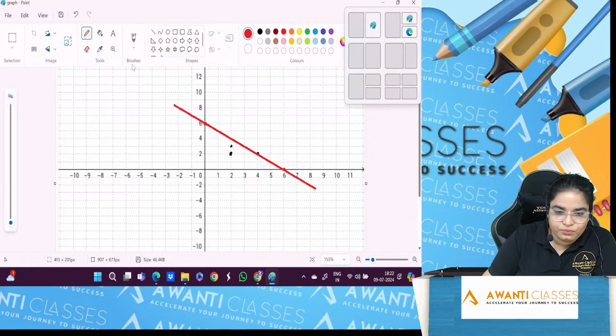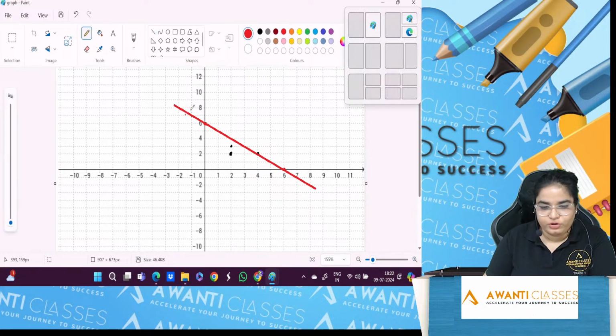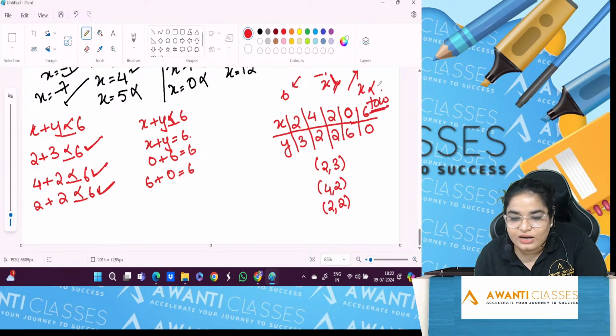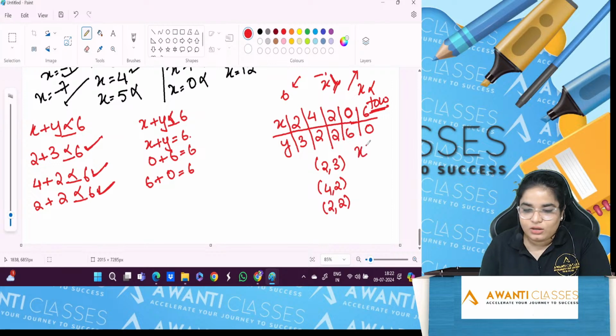Now, did we not see, if it is less than, then we shade towards the origin. If it is greater than, then we shade away from the origin. Whenever it is less than, we shade towards the origin. Whenever it is greater than, away from the origin.